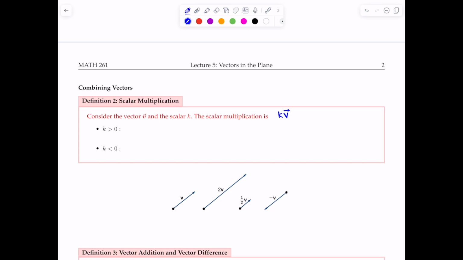When k is positive, k times v has the same direction as v. And when k is less than 0, k times v has the opposite direction as v.